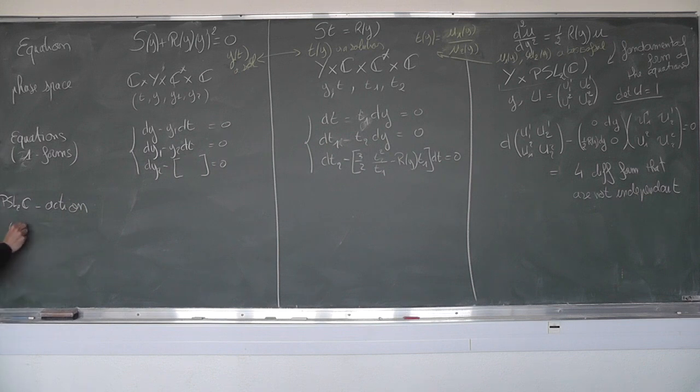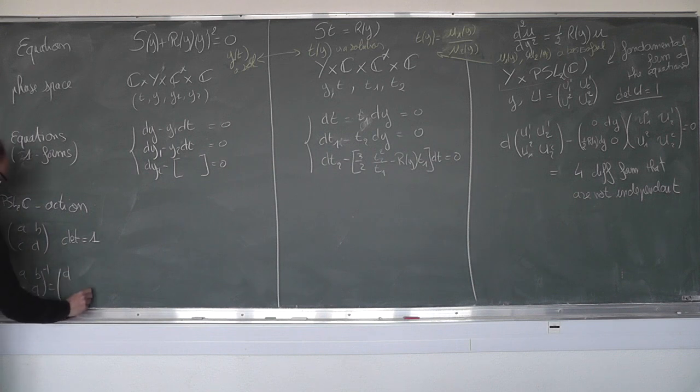So I take a matrix A, B, C, D with determinant 1, up to multiplication by -1 if I need, and I have the inverse of this matrix, which is just D, minus B, minus C, A. Okay, and then this matrix acts here using the inverse matrix. So I keep this in mind.